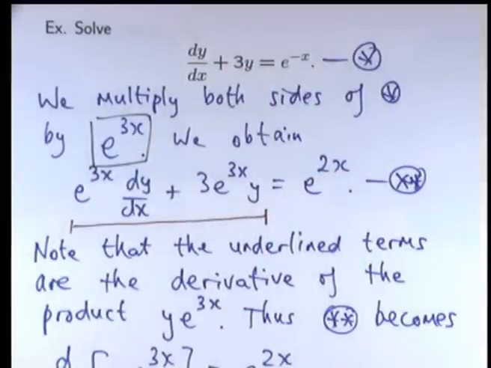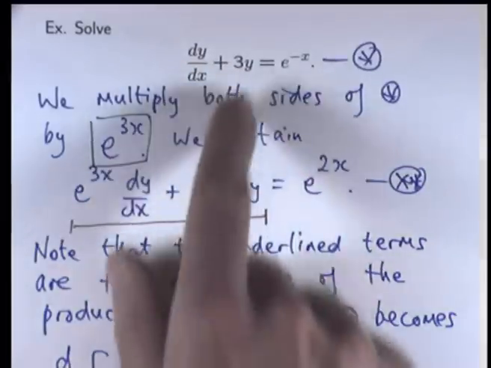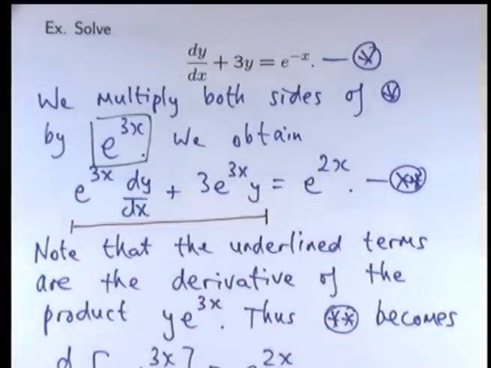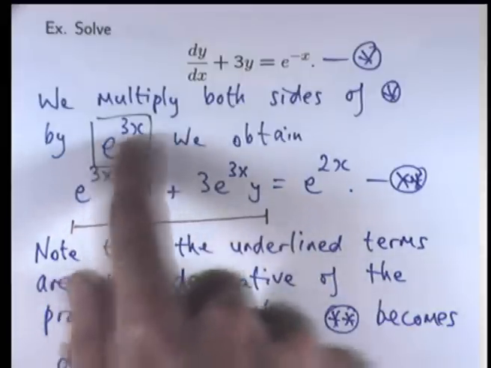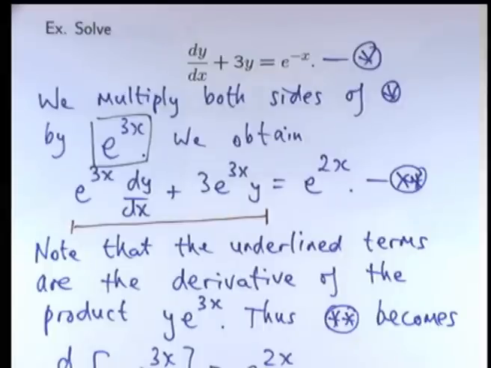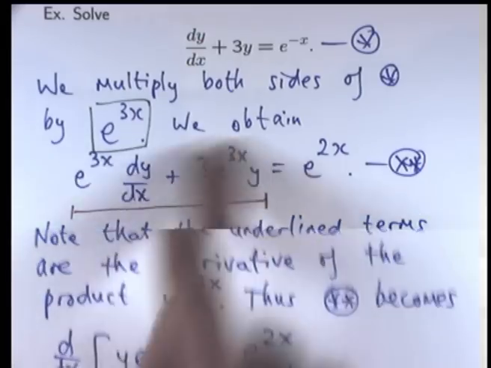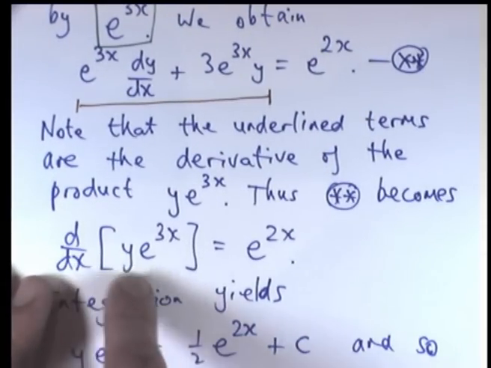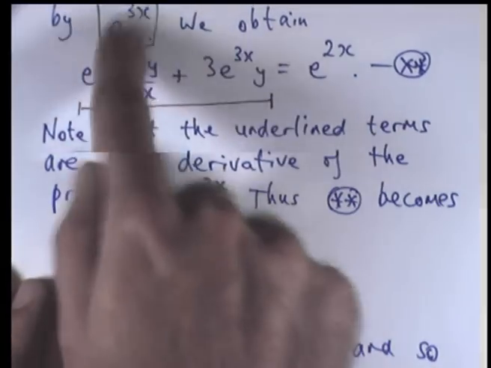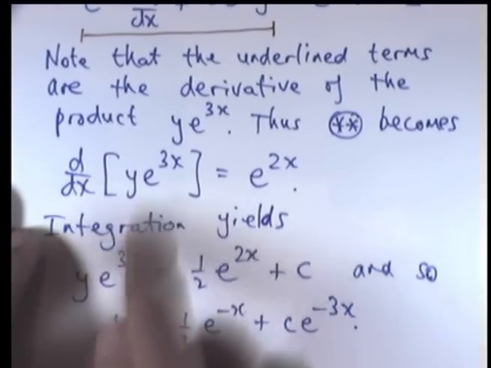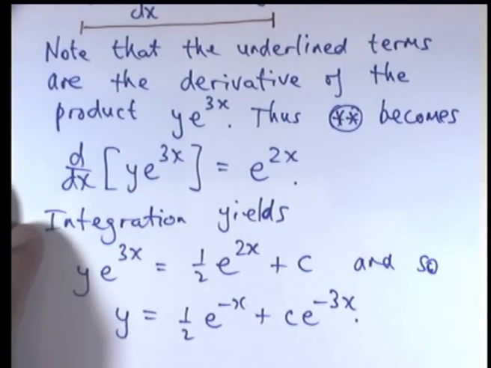Then I realised that I've actually forced the left-hand side to be the derivative of a product involving the unknown function y and this special function here. So I collapsed everything down to the derivative of a product, namely the unknown function and this particular function here. I integrated both sides and then I rearranged.